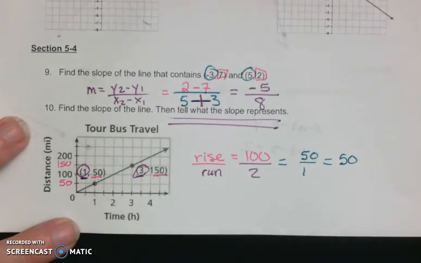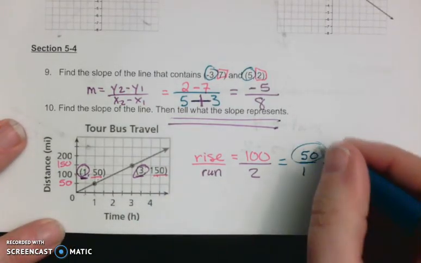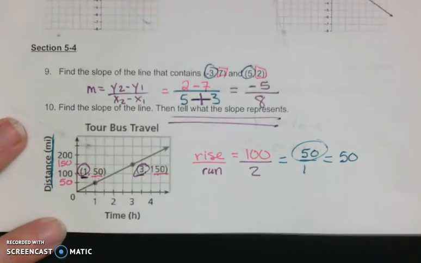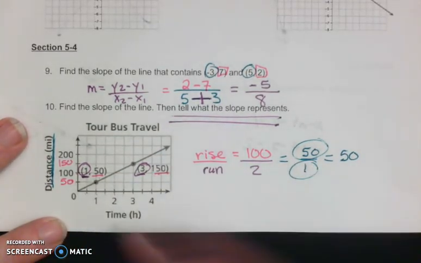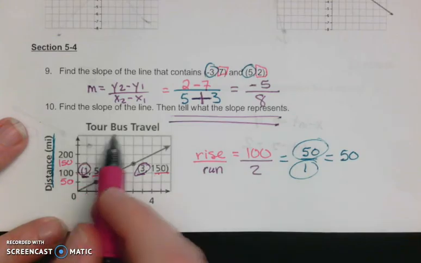Now explain what it means. So the rise, 50, the rise is your distance. The run, 1, is your time. And this is talking about a tour bus travel.